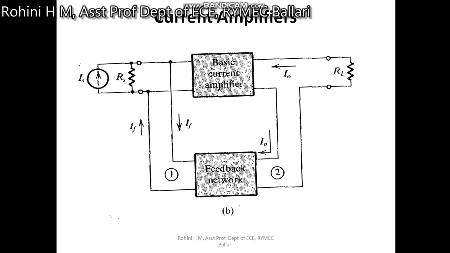Our input is amplified by the factor provided by this block. Here is the feedback. Just observe, at the input side the feedback network is connected in parallel, a shunt connection, whereas at the output side the feedback network is connected serially, so it is called shunt series.